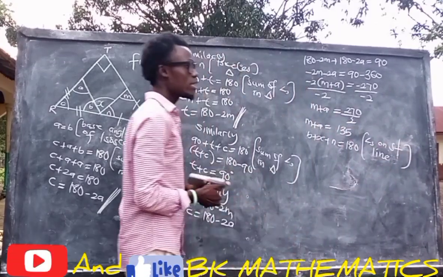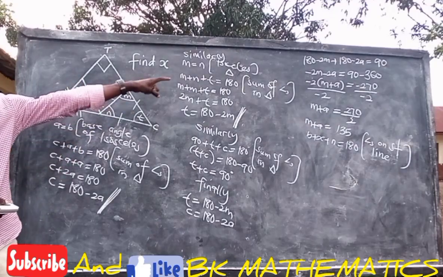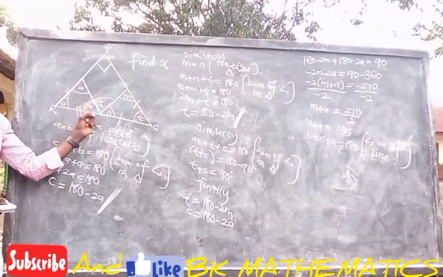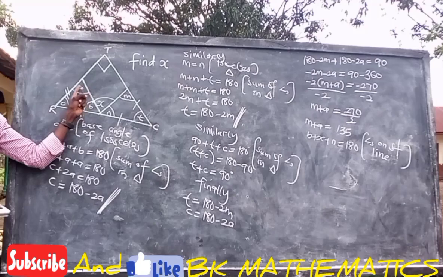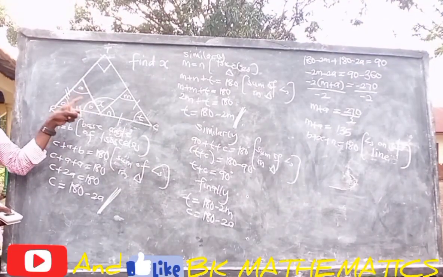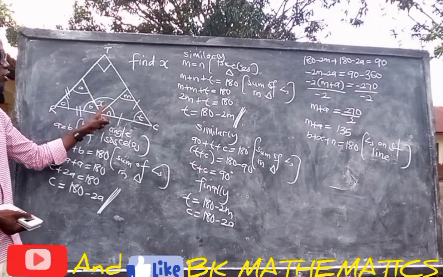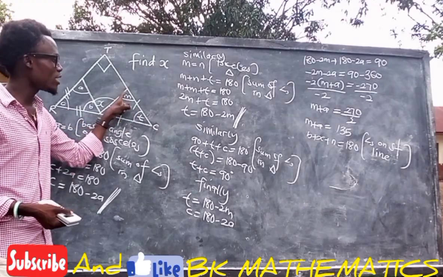Then from this point, remember, b plus x plus n equals 180, but we're having b, from this point, if b equals a, just like a equals b. The same, if m equals n, just like n also equals m.